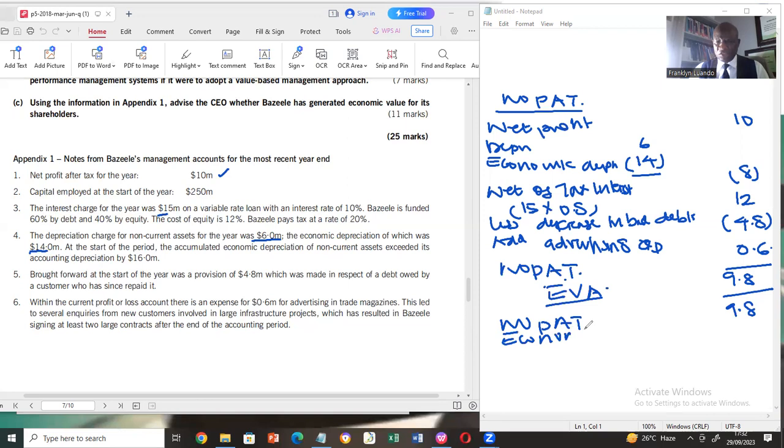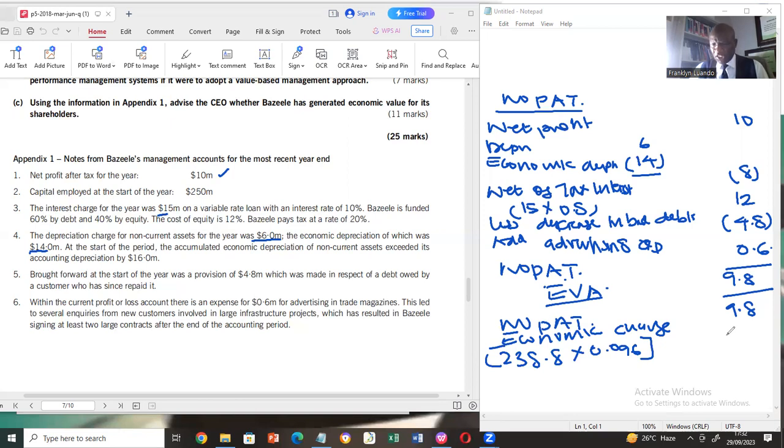Economic charge is equal to economic capital employed, which we calculated to be 238.8, multiplied by the WACC, which we also calculated.